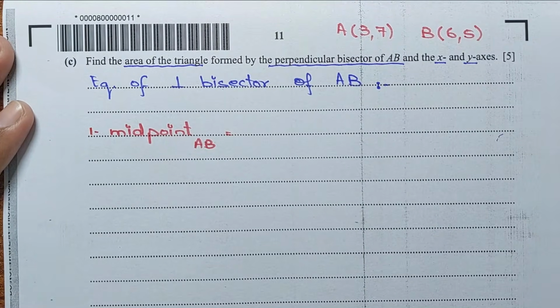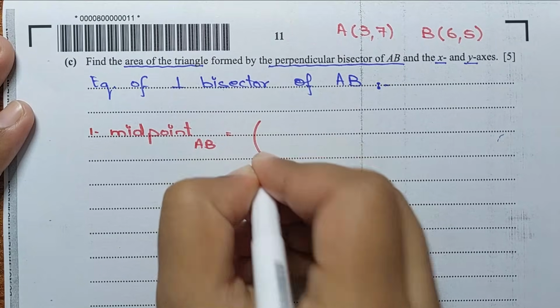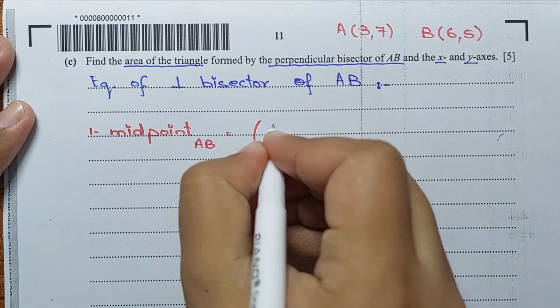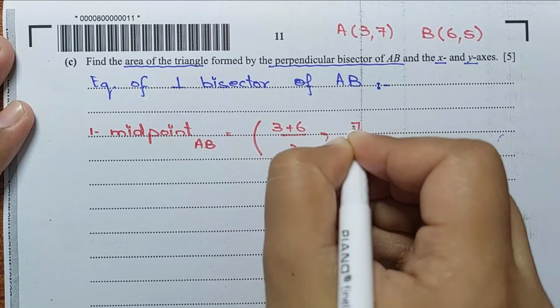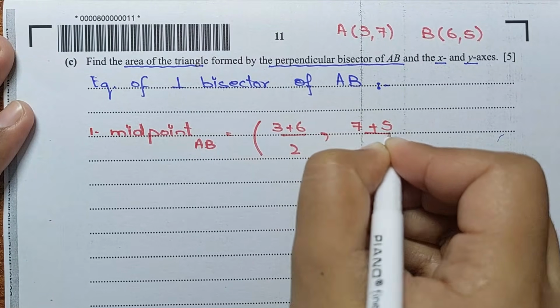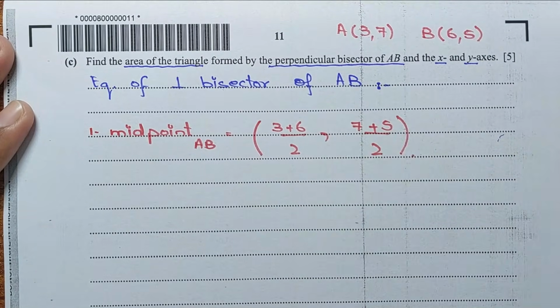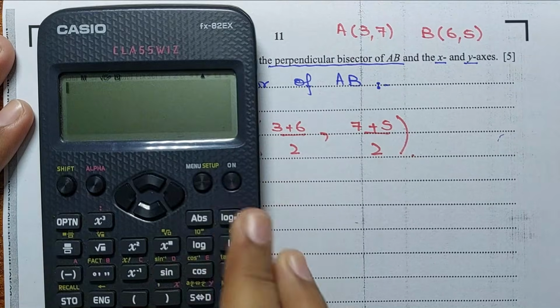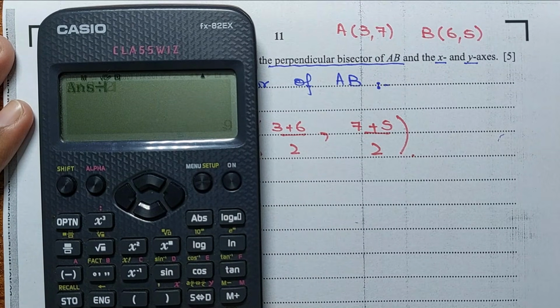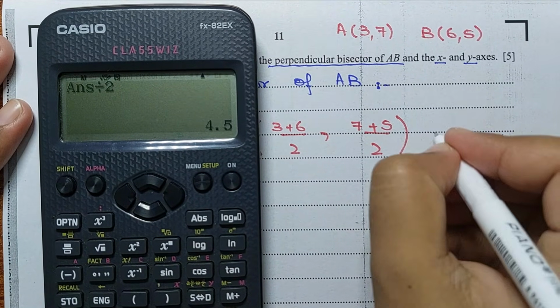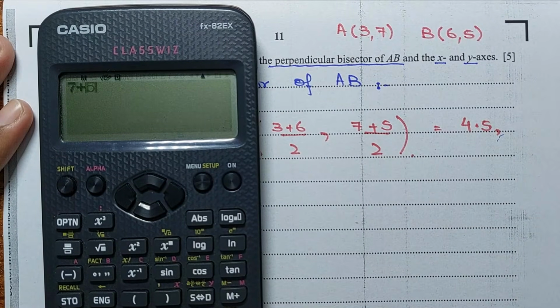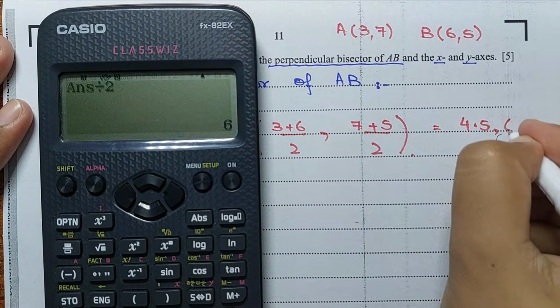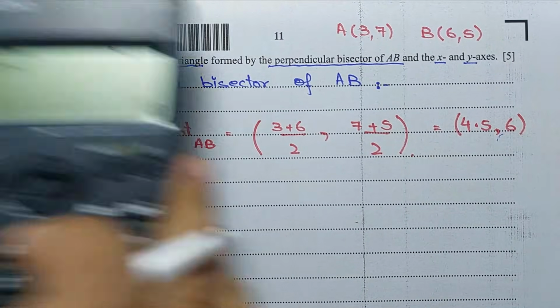Let me work on the midpoint: add up the x components, 3 plus 6 divided by 2, and the y components, 7 plus 5 divided by 2. 3 plus 6 divided by 2 is 4.5, and 7 plus 5 divided by 2 is 6. So that is the midpoint of AB.